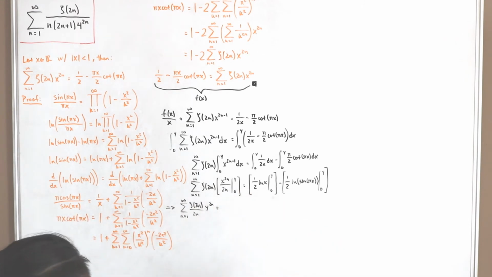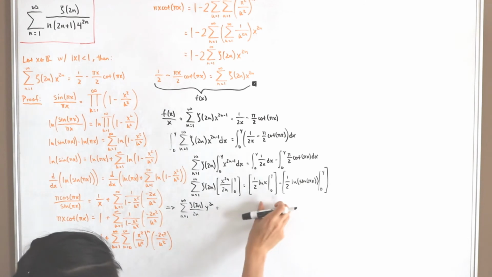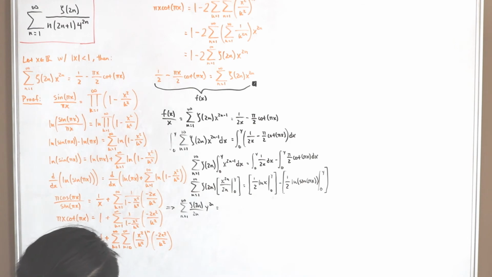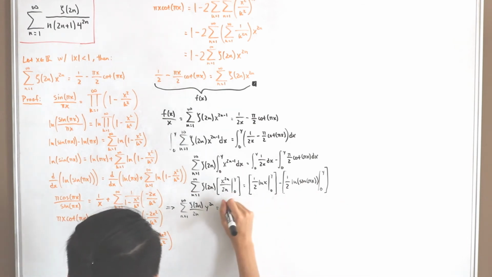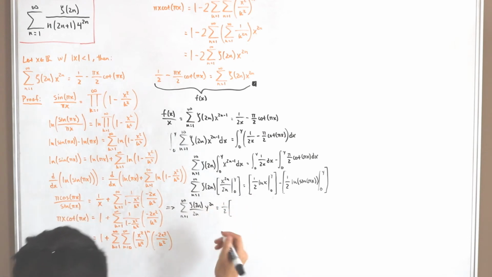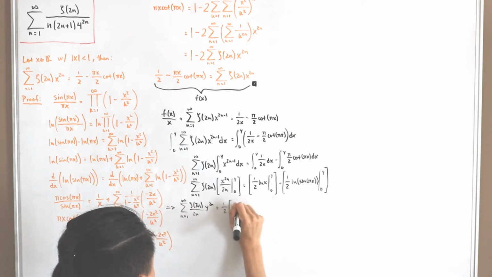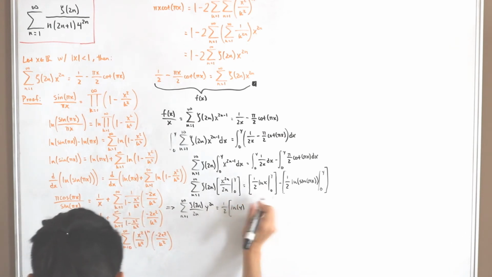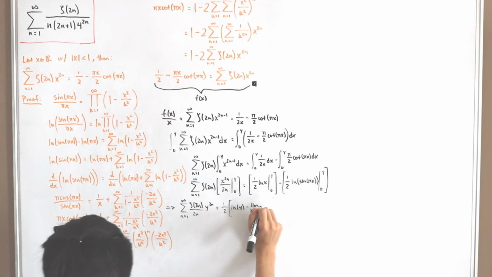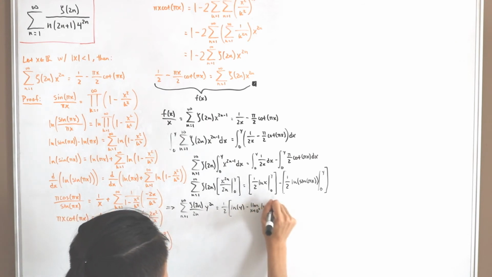I'm also going to jump a couple steps further because we see that there's a 1/2. So I'm going to factor out that 1/2 and combine some of the terms over here. So we have 1/2 being factored out, and we have ln of y. Next we have the limit as x approaches 0 plus, so it's coming from the right side, of the natural log of x.